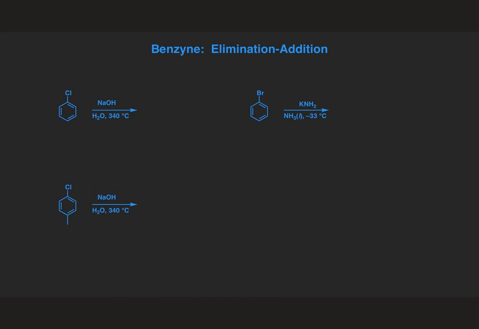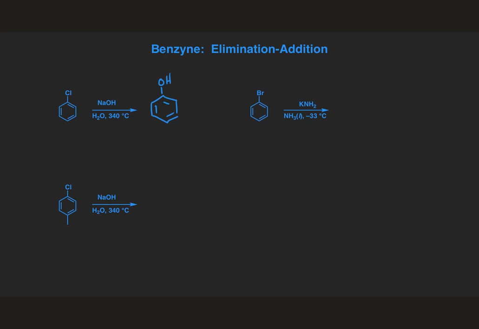The first thing I want to do is look at a couple of examples of this kind of reaction. Notice the extreme conditions here. So we're at 340 degrees Celsius to get this reaction to go. But this reaction proceeds smoothly and gives a single product where I've replaced Cl with OH.